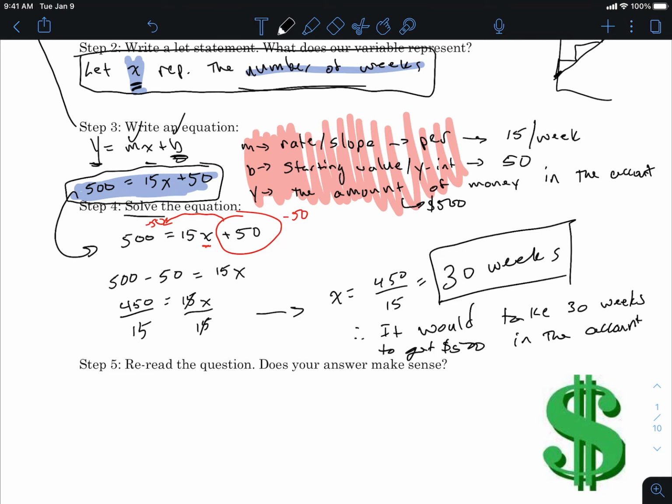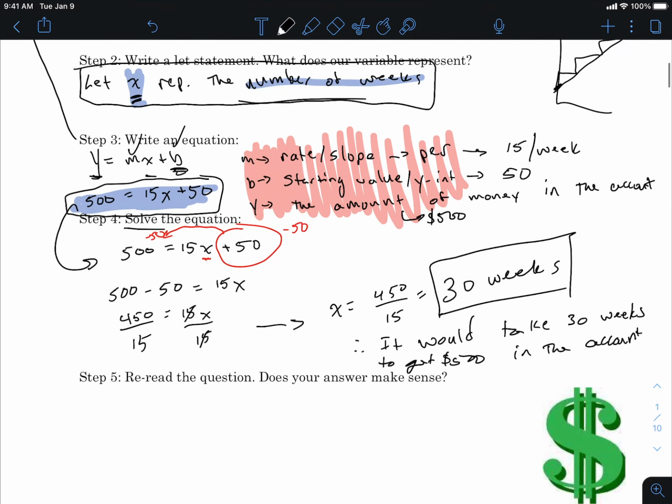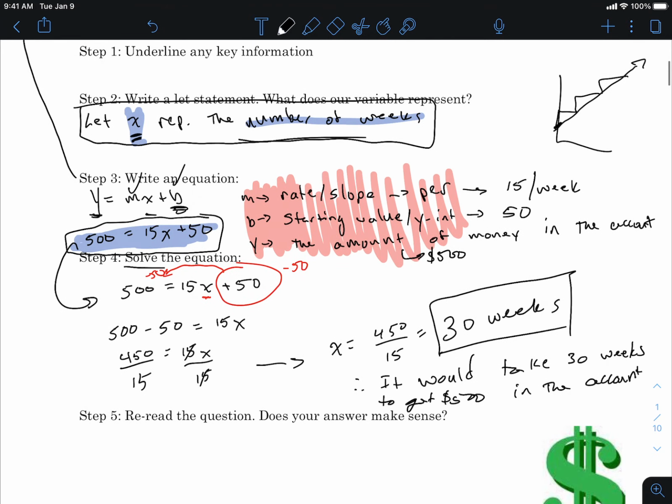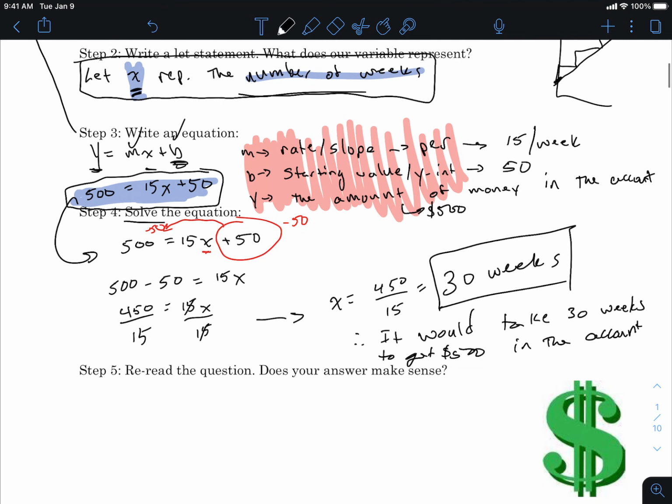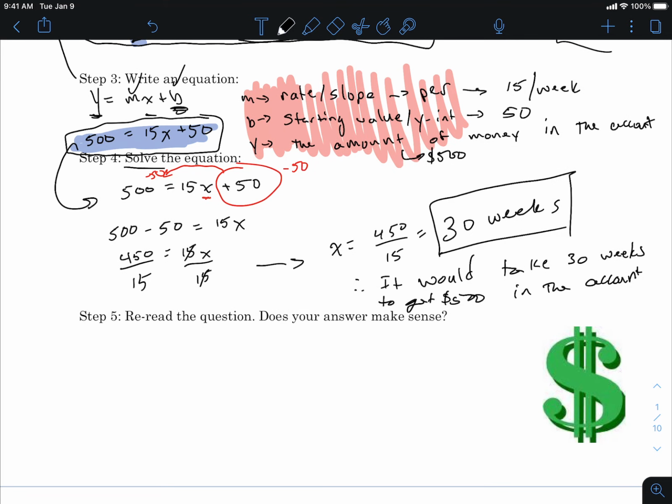So if, for instance, in the question you want to find out how many weeks it would take to get $500, just to check to see if this is right or wrong, you could take the 30 weeks and figure out how much money you're going to have.